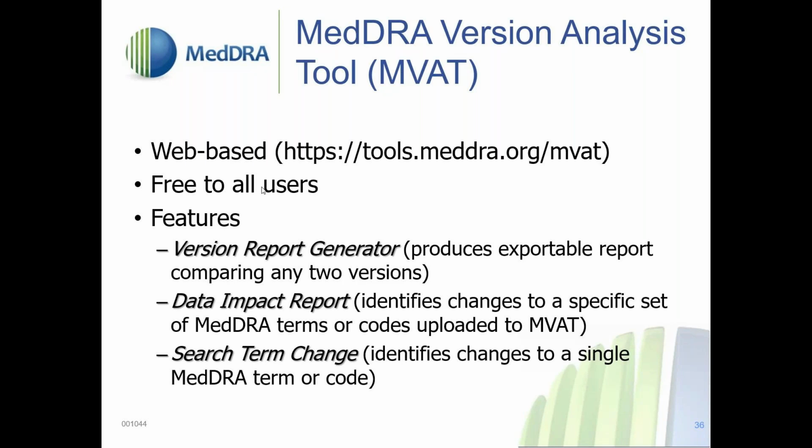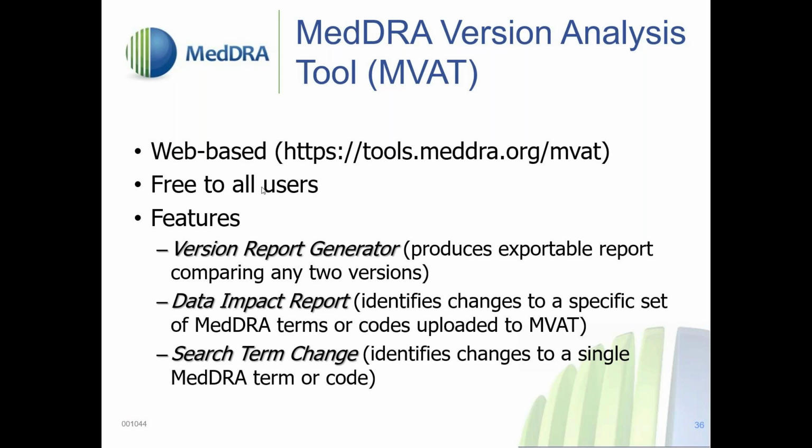But in addition, with the MVAT, you can not only compare the new version with the previous version, but you can compare any two versions of MedDRA that you define. So when you run a clinical trial over 5 years and you have used the starting version throughout the clinical trial, you can compare this starting version with the newest MedDRA version in order to get an idea of what has changed in between and what the impact of versioning on your data would be.